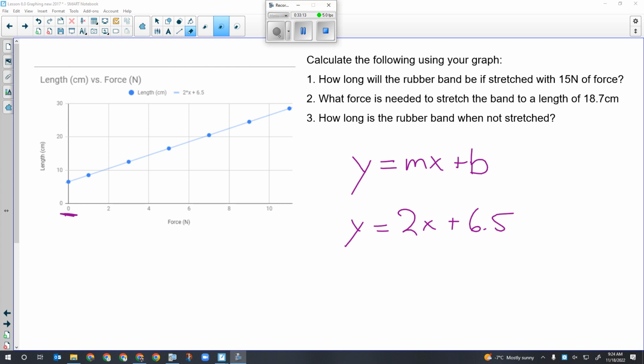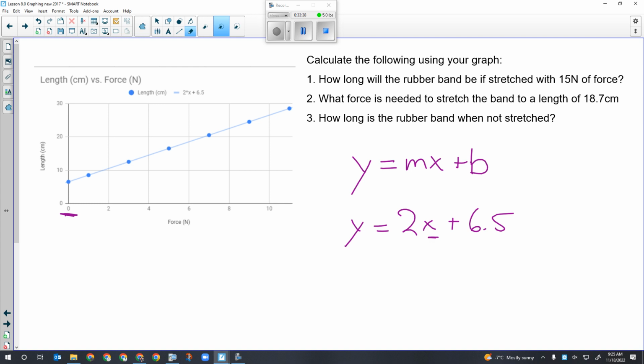So, for the first one, how long will the rubber band be if stretched with 15 newtons worth of force? Which axis is length on? The y-axis. So they're asking me to solve for y. They gave me a force. That's an x value, so I know x is 15.